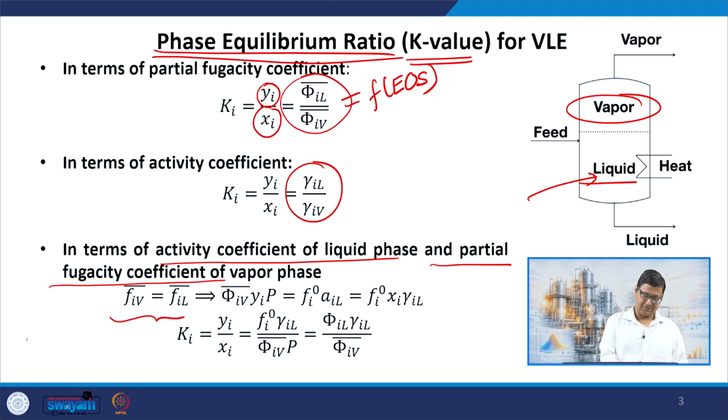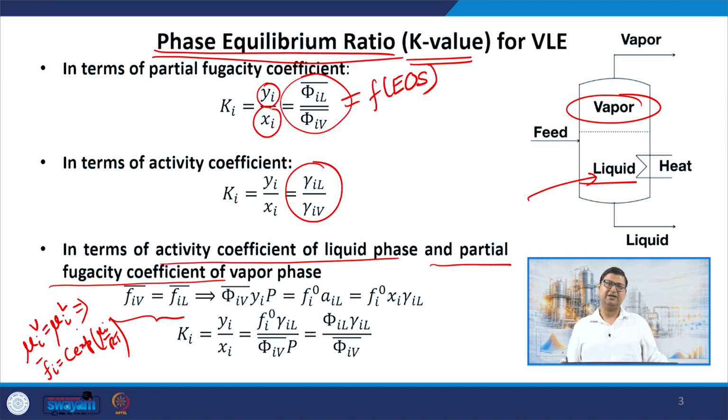So basically, starting from the chemical potential equality and the fact that my partial fugacity was given as C exponential mu i by RT, I can express the chemical potential equality as the equality of the partial fugacities in vapor and liquid.